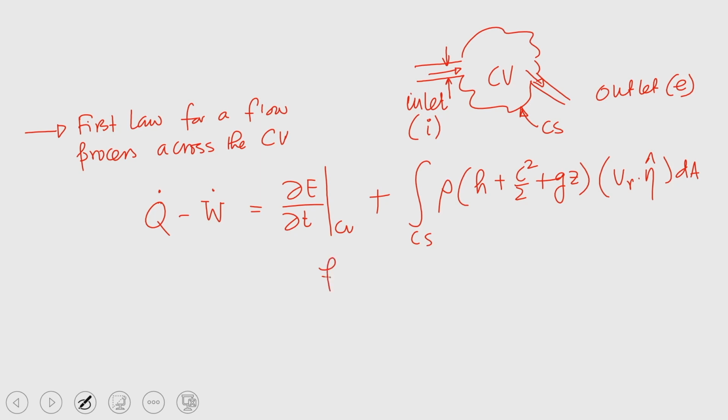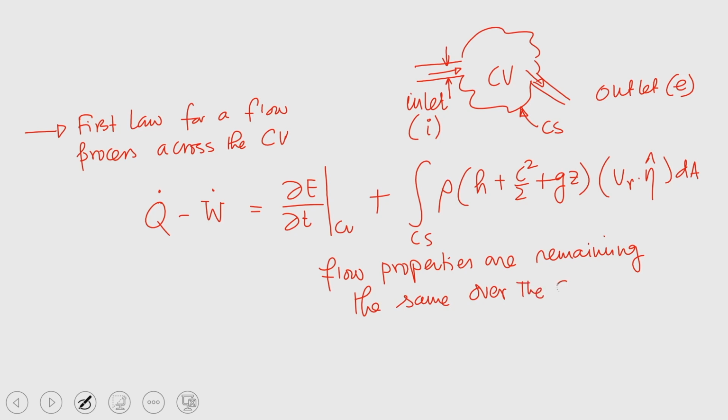So, this is one important assumption. If we have multiple inlets and multiple exits, we also need to consider this assumption that the flow properties do not vary over the cross section.